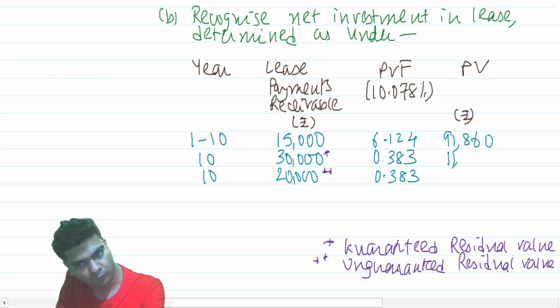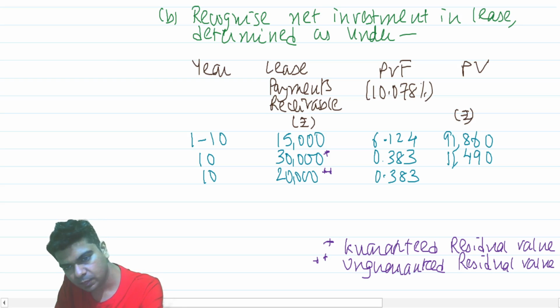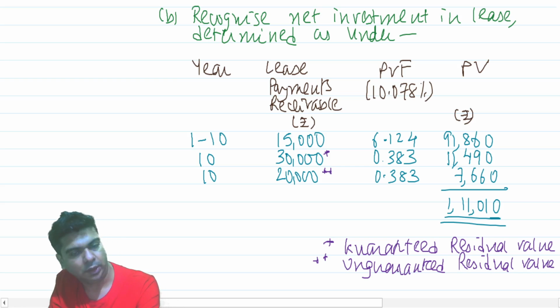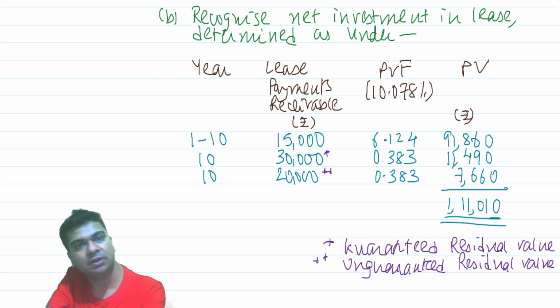Discounted, 11,490, 766. So the net investment in lease is turning out to be 1,11,010.